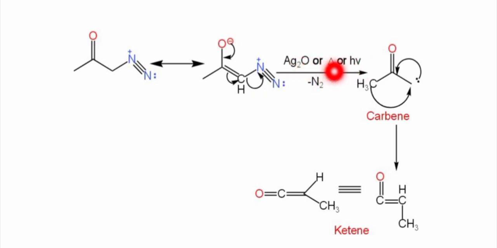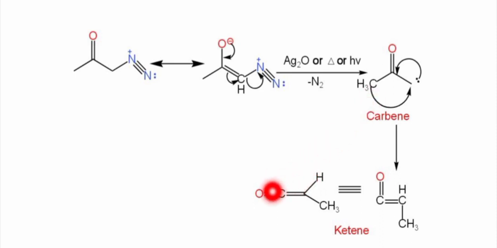We are not using all three, but any one of these, and I have shown what else you can use instead of silver oxide, or instead of heat or light. So what is the role of these three? Just to form carbene. Then the carbene thus formed undergoes rearrangement to form a ketene.